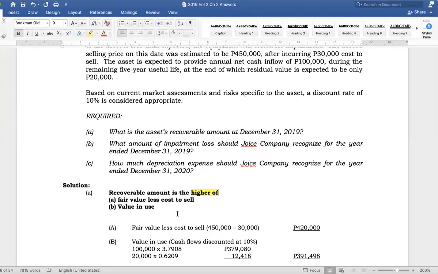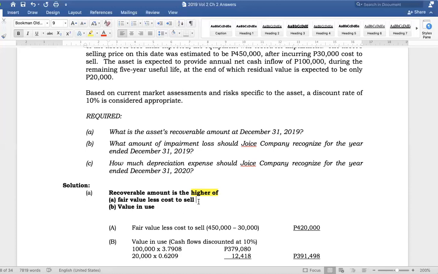That is just based on simple reasoning that if it is more beneficial for the company to sell the asset rather than to use the asset, so the benefit from selling is higher than the benefit from using, then the company might just as well sell the asset. Whereas if the benefit from using the asset is higher than the benefit from selling, then of course, logically, the entity will choose to use the asset.